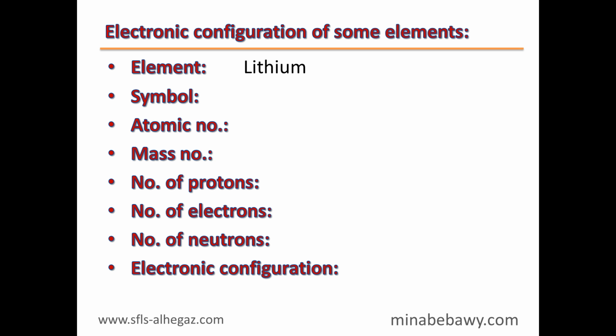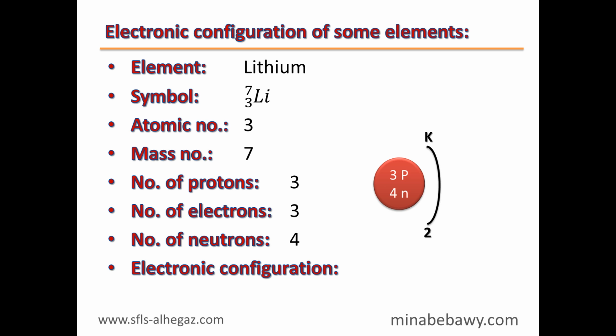Lithium. The symbol of lithium is Li. Atomic number of lithium equals 3. Mass number 7. Number of protons 3. Number of electrons 3. Number of neutrons 7 minus 3 equals 4. Electronic configuration of lithium.